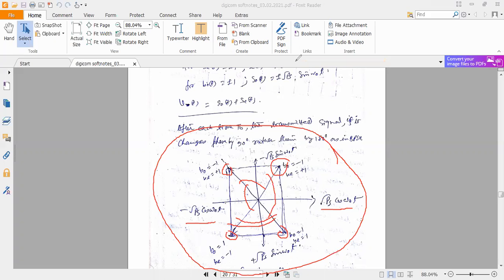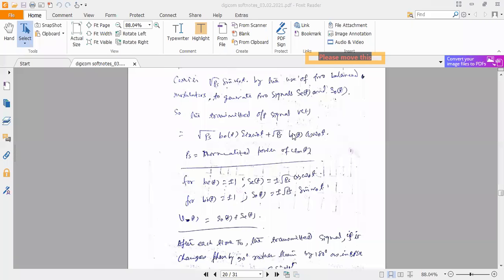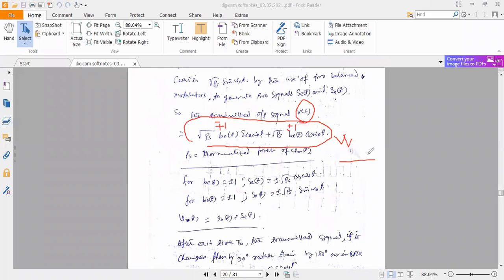Here this is the waveform s(t). Now b_e(t) may be plus or minus 1, similarly b_o(t) may be plus or minus 1. So that means 4 combinations, so that's why 4 phasors. What I showed here: one here, one here, one here, 4 phasors.